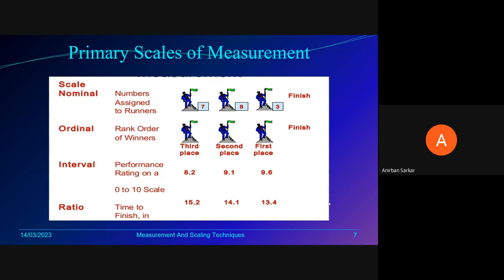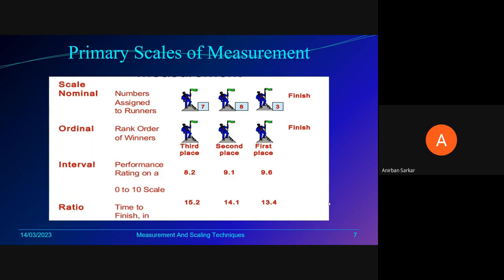Suppose these players' performance is being rated on a 0 to 10 point scale, and on the basis of the average ratings given by the raters, it is coming to 9.6, 9.1 and 8.2. So 9.6 is becoming 1st, 9.1 is becoming 2nd, and 8.2 is becoming 3rd.